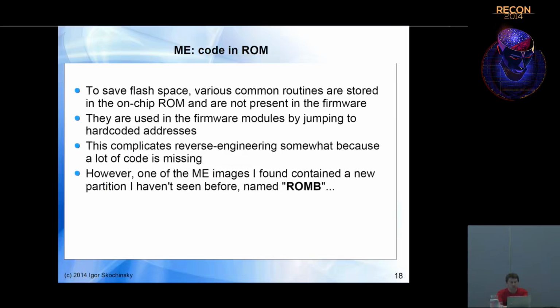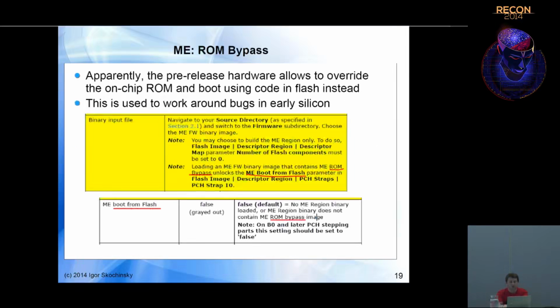So I looked for some keywords, and I finally found some information in Intel documentation that ROM-B apparently stands for ROM bypass. And ROM bypass allows Intel to release the so-called, so to speak, firmware upgrades for the boot ROM on the chips. So when they release the new chipsets, the new hardware, they distribute to the manufacturers to start working on their own boards.